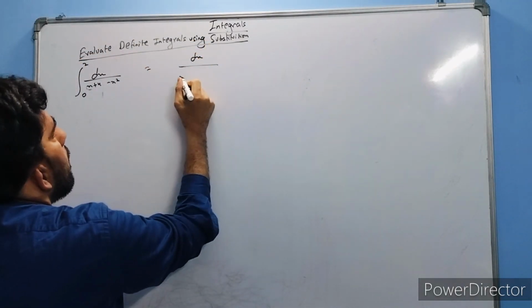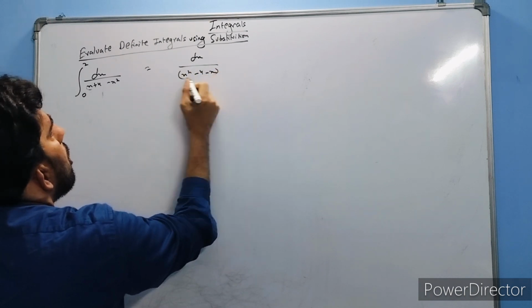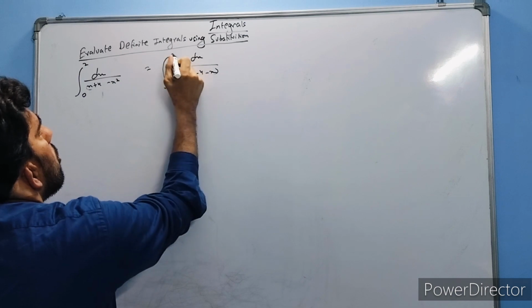So what I have got here is x square minus x minus 4, from 0 to 2.